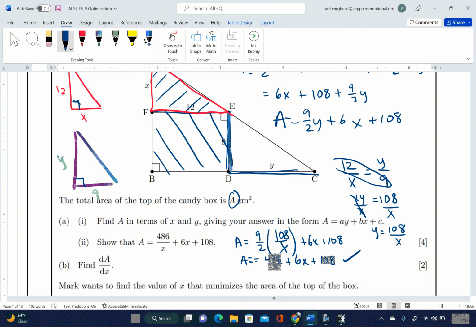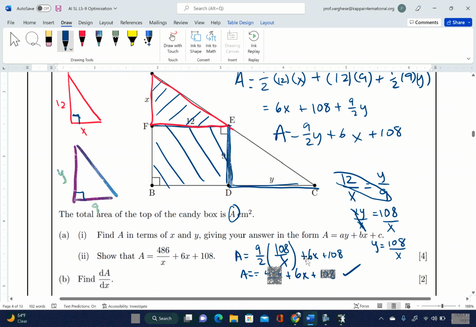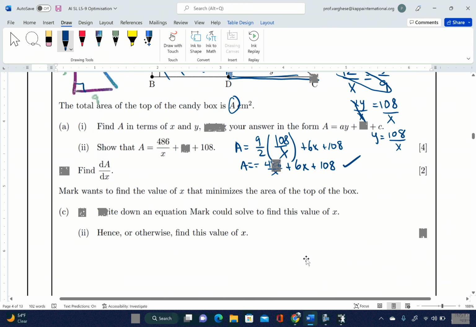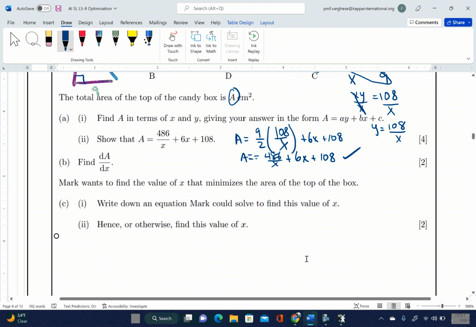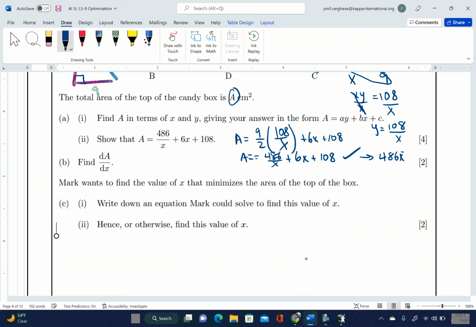Okay, so now we're going to take this and write it in terms of dA/dx. So we're going to find the derivative of this. To do that, let's take this right here and rewrite it as 486 x to the negative 1 plus 6x plus 108, and find the derivative of that.